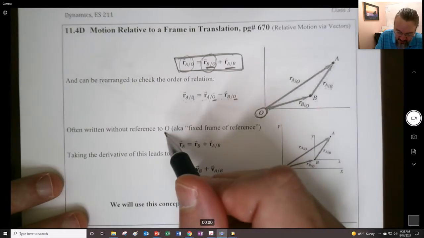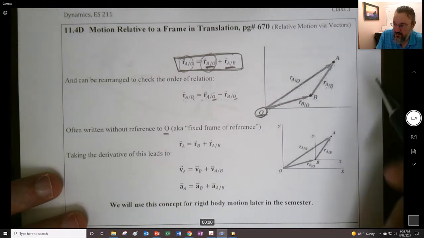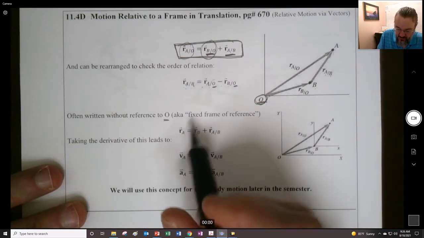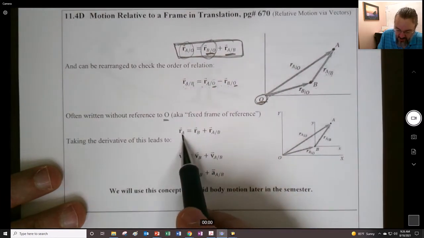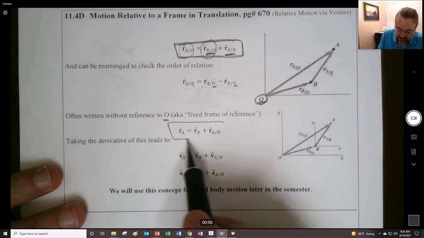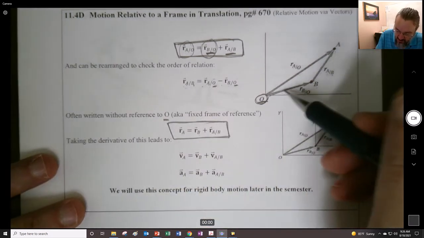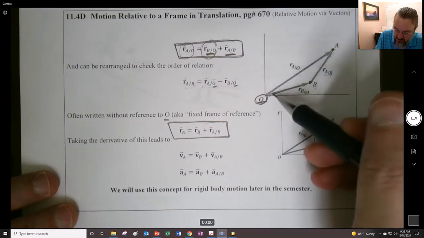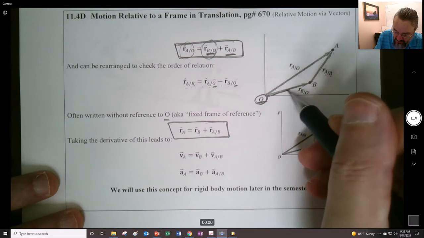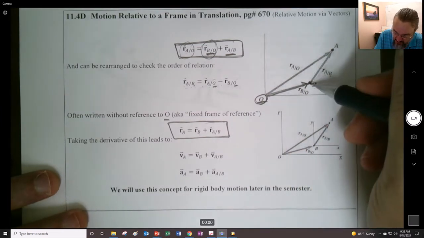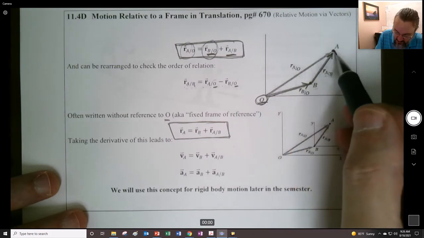But we normally just ignore that there's an origin somewhere; it's just understood. So instead of saying A with respect to O and B with respect to O, we just say A and B. This is the fundamental position vector equation. If we wanted to use vector triangles for this, we do this classic thing where we go nose to tail, and then the answer is tail to tail, nose to nose.